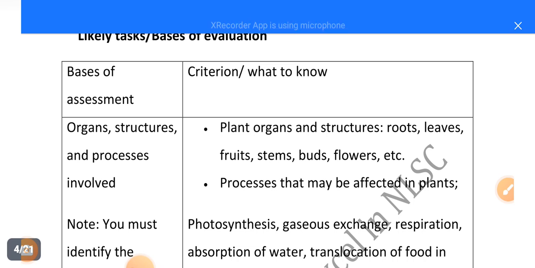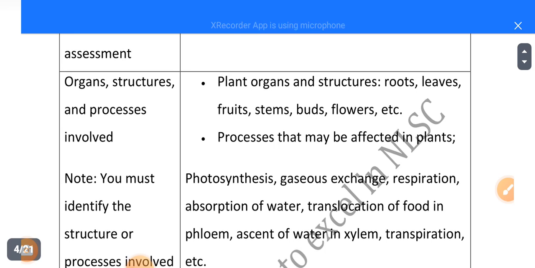When you look at the basis of assessment, you can look at the organs, the structure, and the processes involved. Now, plant organs and structures: these are roots, leaves, fruits, stems, buds, and lastly flowers.